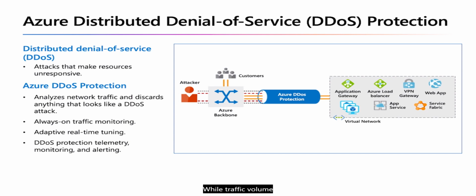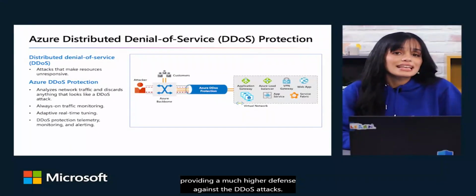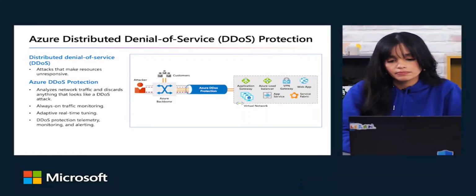So while traffic volume may be perceived as harmless by the platform, it can be devastating to the application. By onboarding to Azure DDoS protection service, the application gets dedicated monitoring to detect attacks and application-specific thresholds. A service will be protected with a profile that is tuned to its expected traffic volume, providing a much more tailored defense against DDoS attacks.